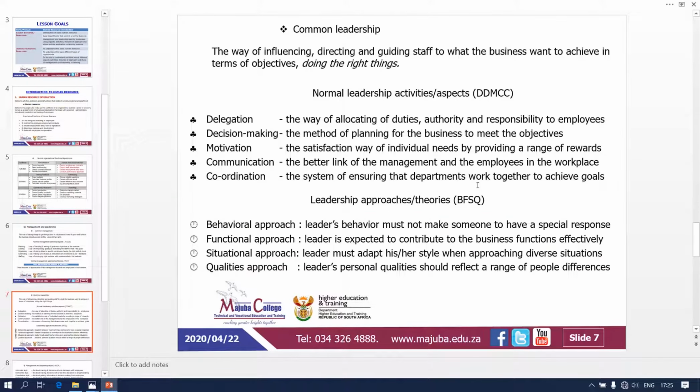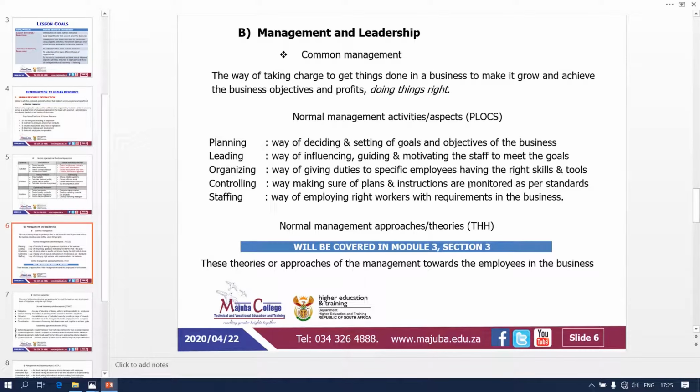Now we're moving. Okay, can we go back a little bit? Normal management approach or theories. We call them THH. This one will be covered in module 3, section 3. These are theories or approaches of management towards the employees. Remember these duties?